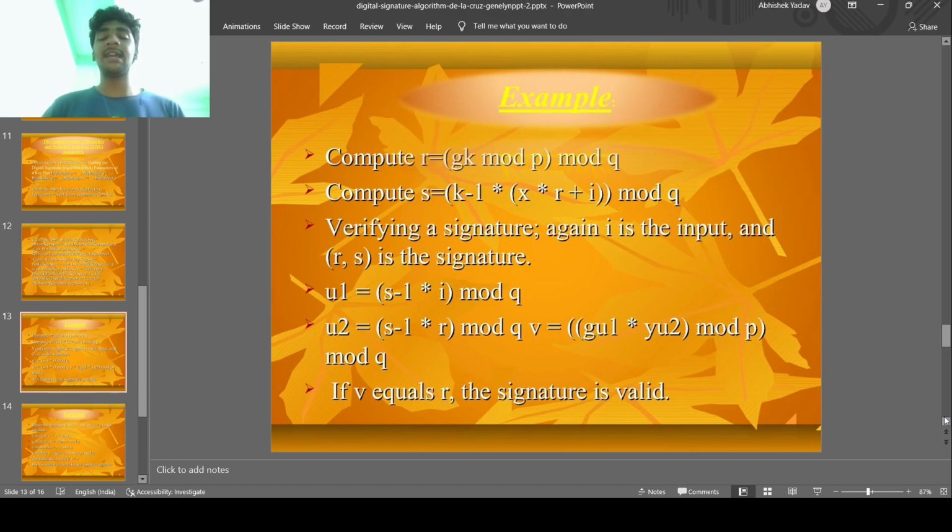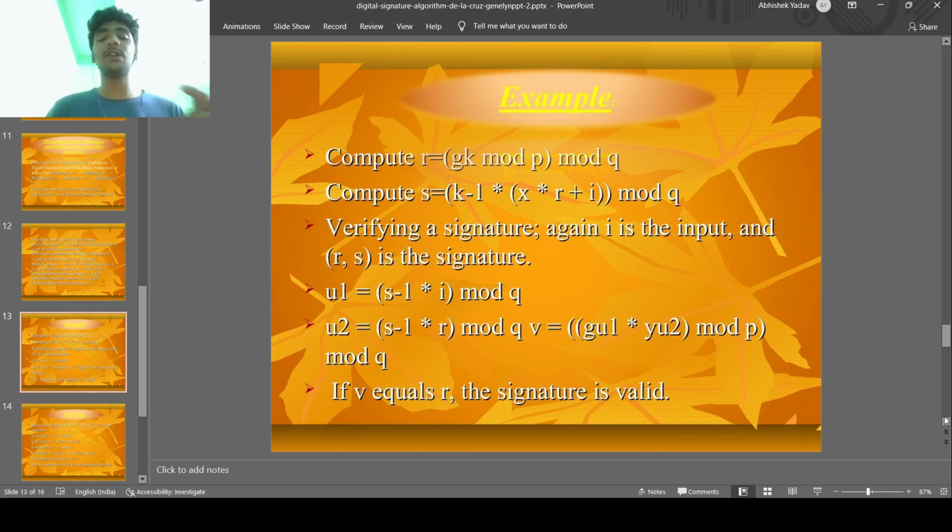Again, I is the input and the tuple r comma s is the signature. So using these parameters, we calculate u1, which is basically s inverse into I, whole mod q. We calculate u2, which is s inverse into r mod q, and then we calculate v, which is equal to g raised to power u1 into y raised to power u2, whole mod p, whole mod q.